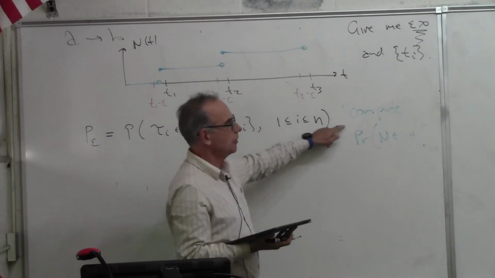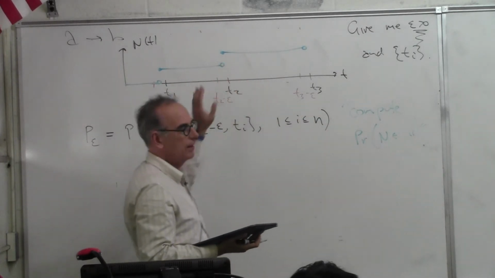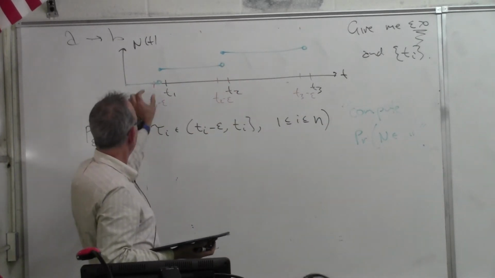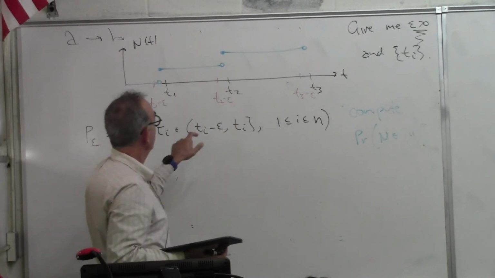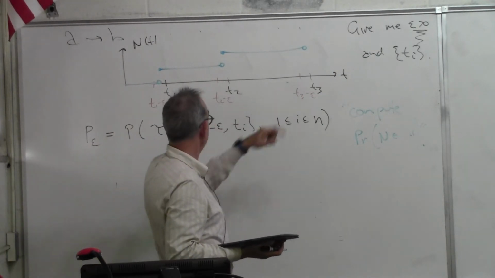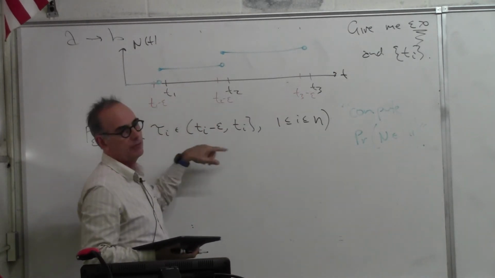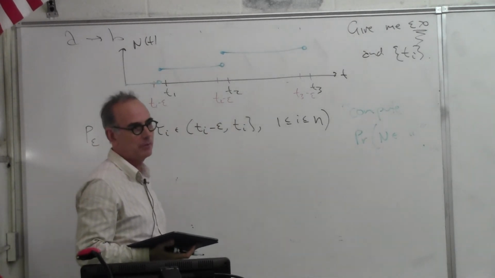So when I compute the probability of this blue thing, I mean that my first jump occurred in this interval, and the next jump occurred in this interval, and so forth. And I made it open on the left and closed on the right. No big deal.